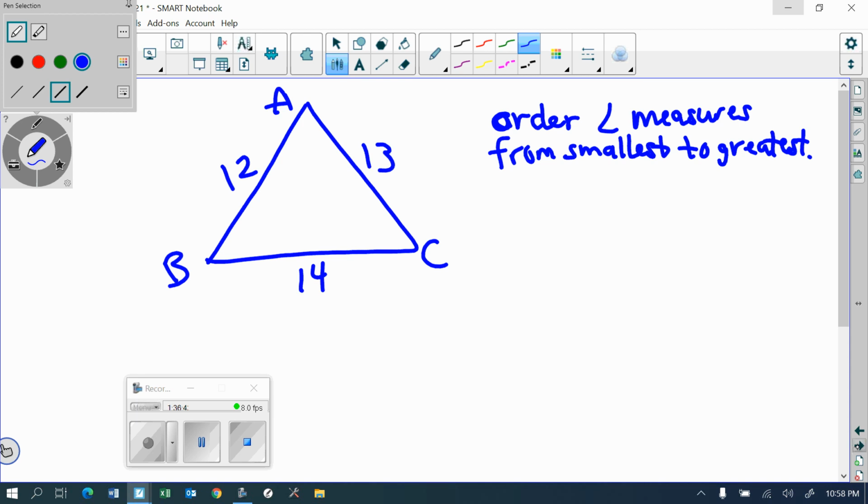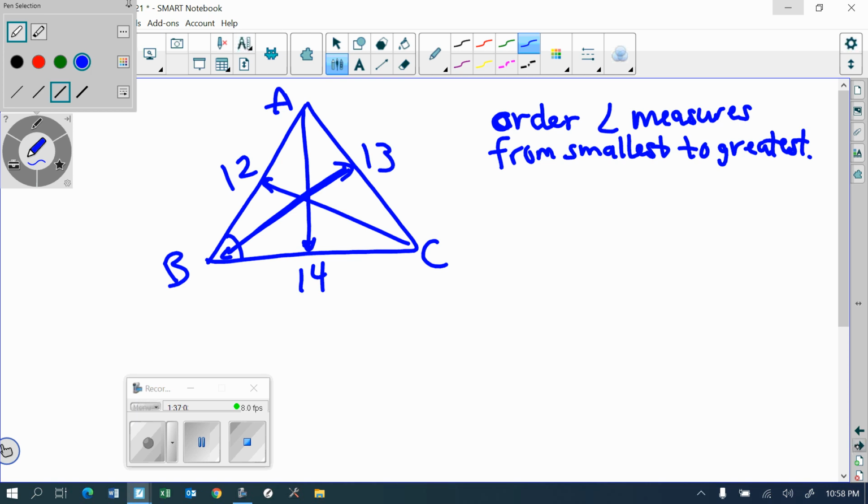The side length 13 was created by the opposite angle, B. So angle B maps up with 13, angle C maps up with 12, and angle A maps up with 14. You just memorize this.